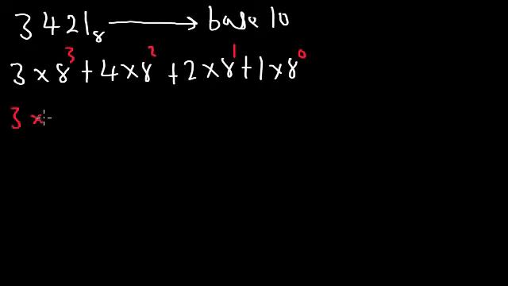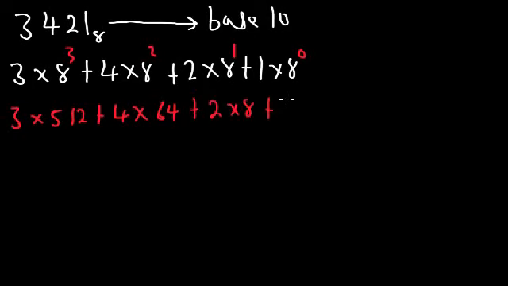So right now, let me expand. I'm going to have 3 times 8 to the power of 3. That's 8 times 8 times 8. That's 512. 512 plus 4 times 8 squared, which is 64. And plus 2 times 8, 8 raised to the 1 is 8. And 8 raised to the 0 is 1.